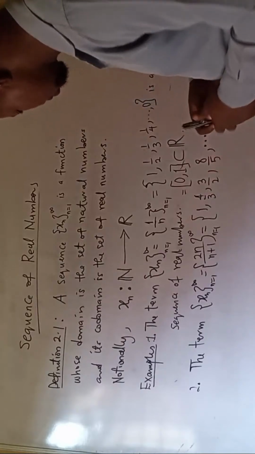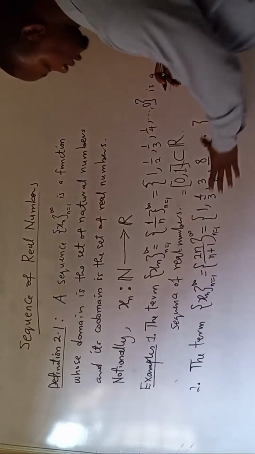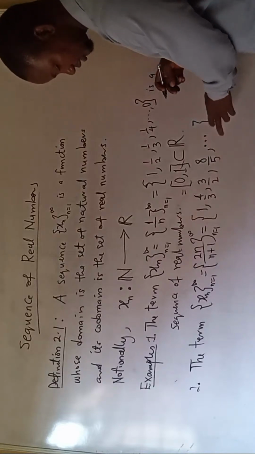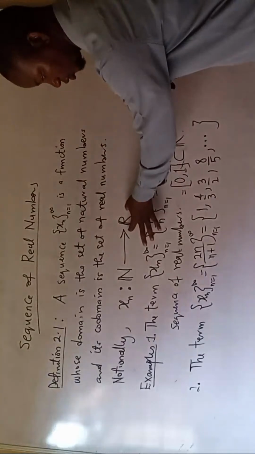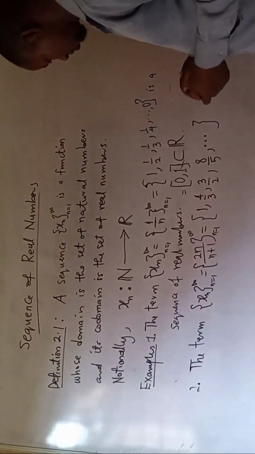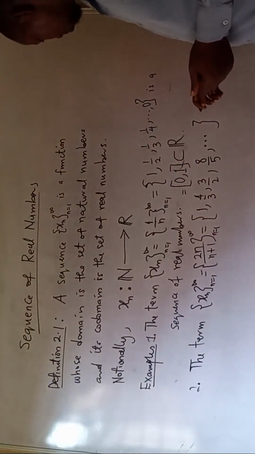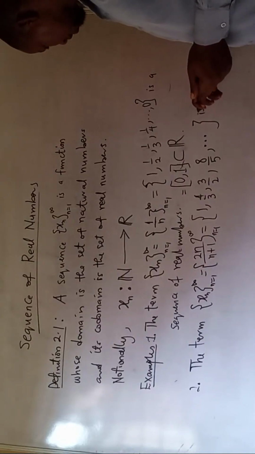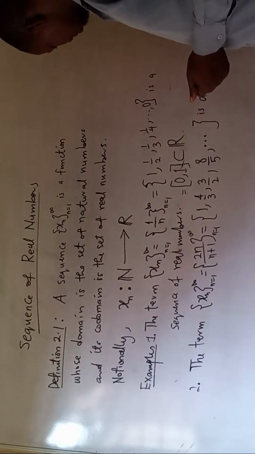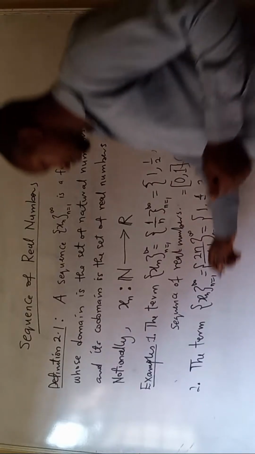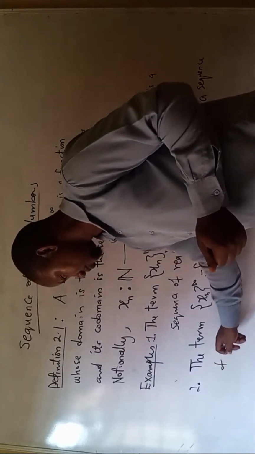So we will observe that all this time, till we get to the last number, each is a member of R, and therefore this is a sequence of numbers.